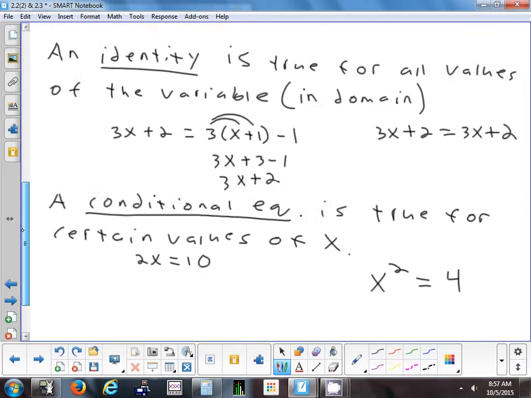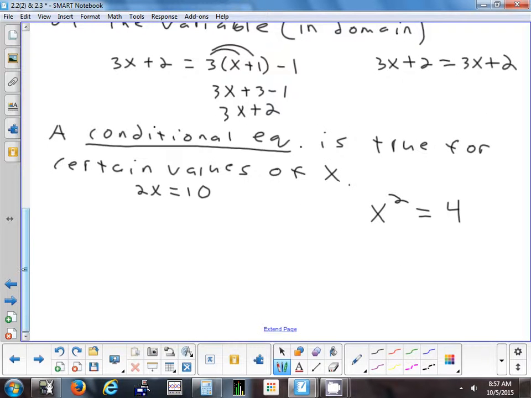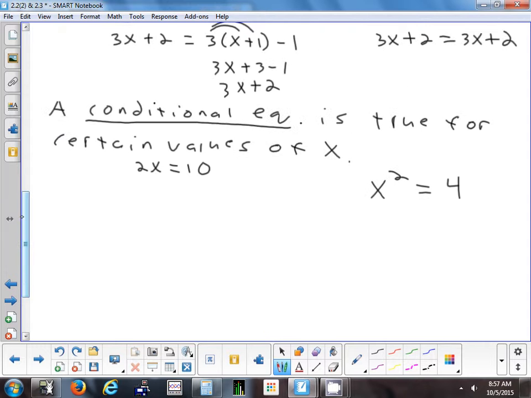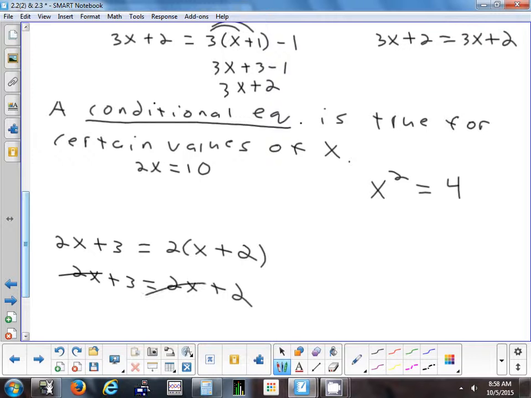And another type, I didn't put it up here, but you can have an equation that's impossible to solve. If I gave you something like 2x plus 3 equals 2 times x plus 2, you're not going to be able to solve that equation. Because when you distribute it out, you get this. Subtract 2x from each side.